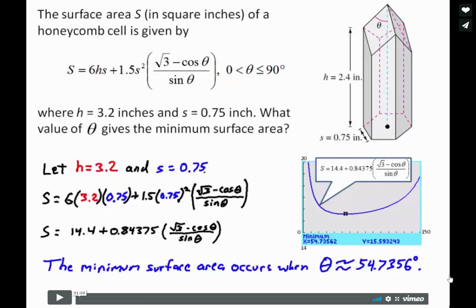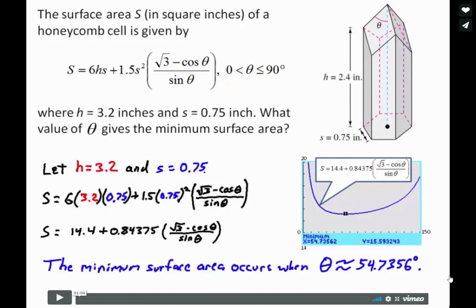So you will see that comes out to be S equals 14.4 plus 0.84375, and then we're multiplying it by this parentheses, square root of 3 minus cosine of theta over sine of theta. And then you can see again using a graphing calculator, by putting this equation in, our minimum value comes out to be at 54.7356. So that would be the answer for example 4 in here.